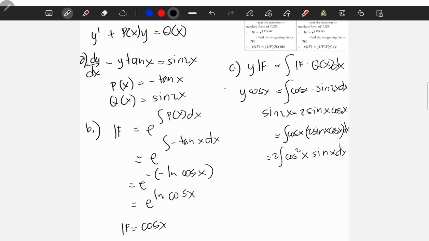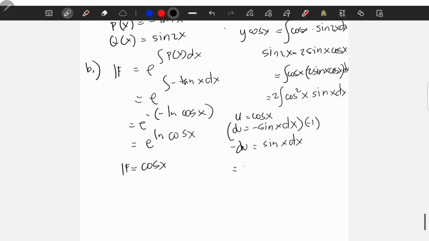To integrate this one, we will use the u substitution. So, we'll let cosine x as our u. Then we derive, derivative of u is du, derivative of cosine x is negative sine x dx. But there is no negative here, so we will multiply both sides by negative 1. So this becomes negative du and positive sine x dx.